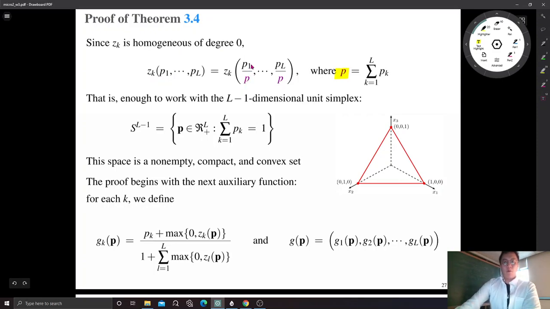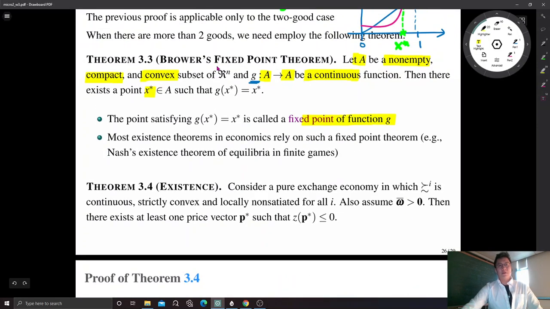What is the purpose of this normalization? Because we would like to use Brouwer's fixed point theorem. But in order to apply this theorem, the space must be compact, that is, bounded and closed.